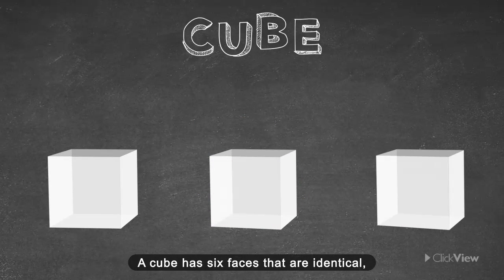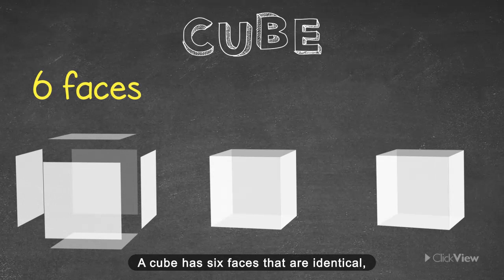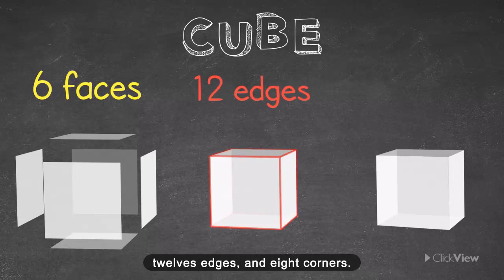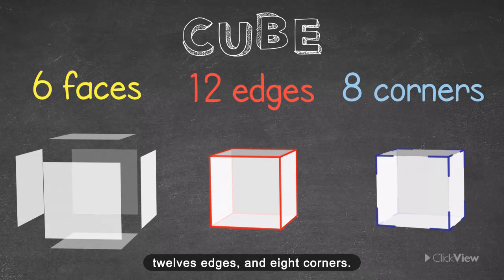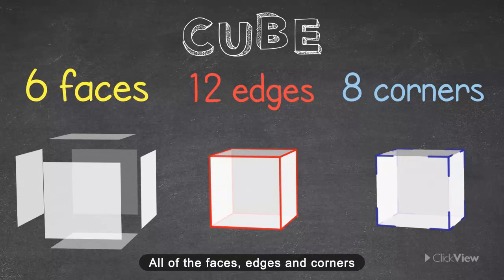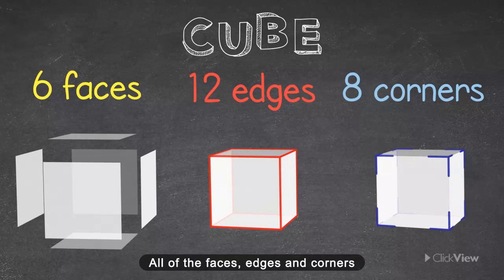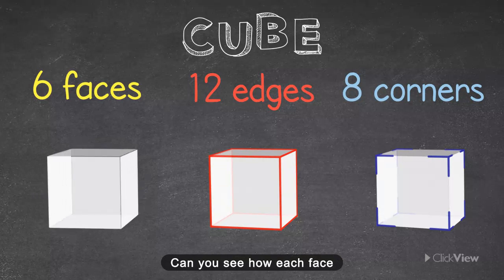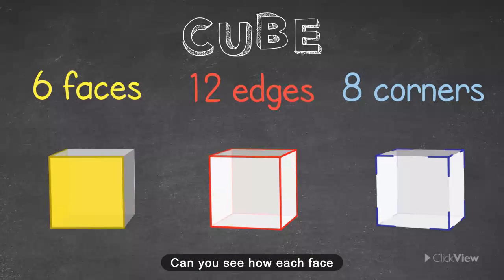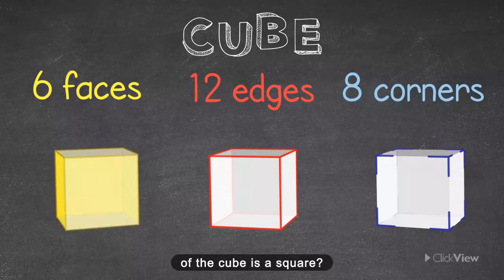A cube has 6 faces that are identical, 12 edges, and 8 corners. All of the faces, edges, and corners are the same size and length. Can you see how each face of the cube is a square?